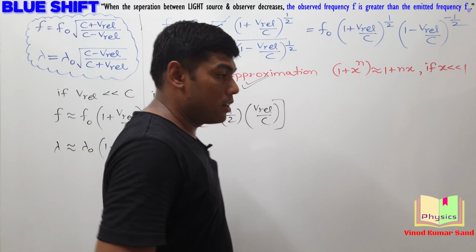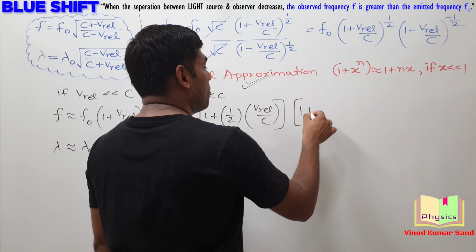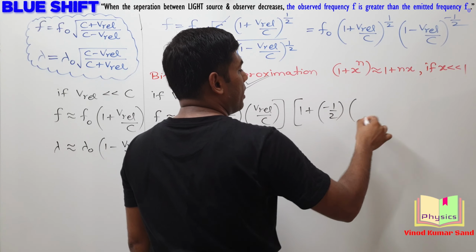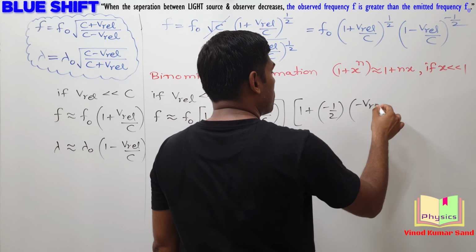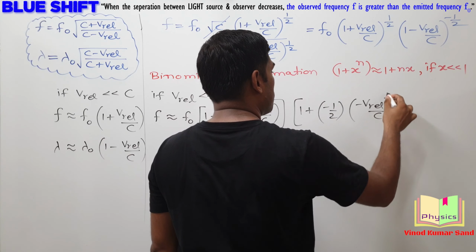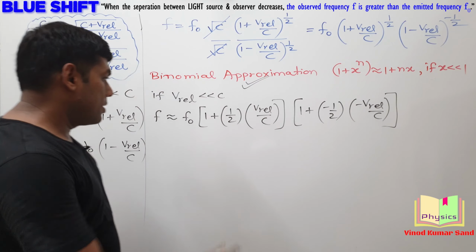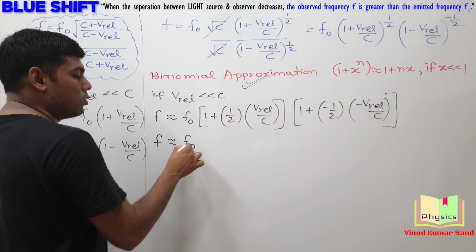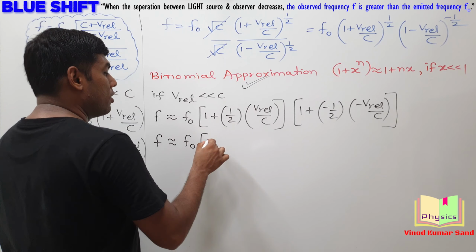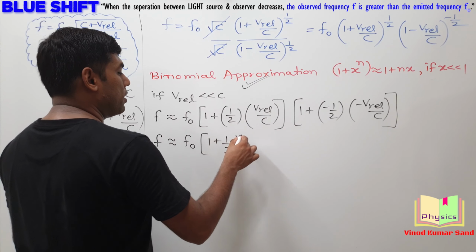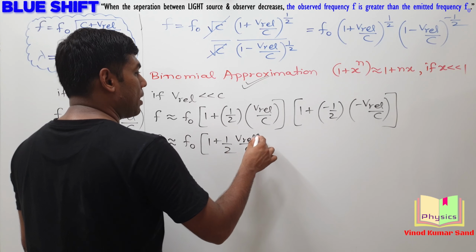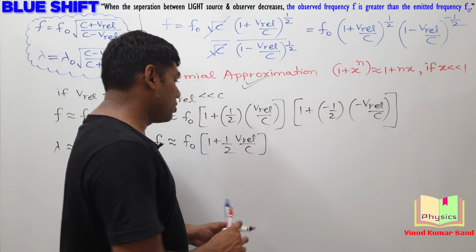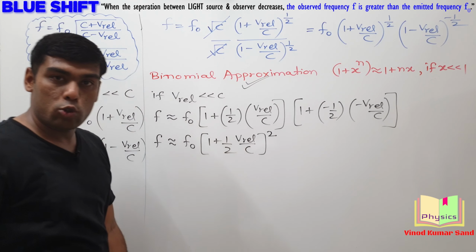Let's do the same thing here. 1 plus n x, where n is minus 1 by 2 and x is minus v relative by c. Let us simplify it further. f is almost equal to f naught times 1 plus 1 by 2 v relative by c, and this is also 1 plus 1 by 2 v relative by c. So here I should write whole square.